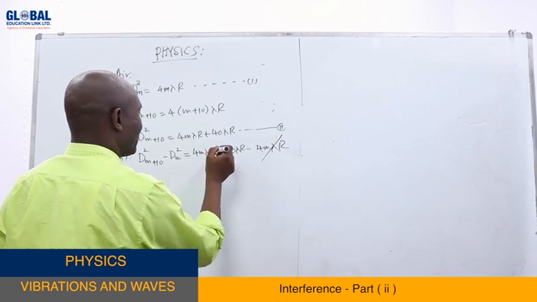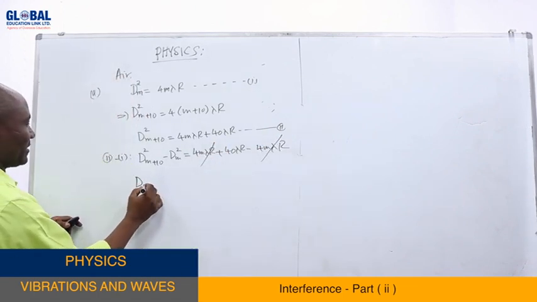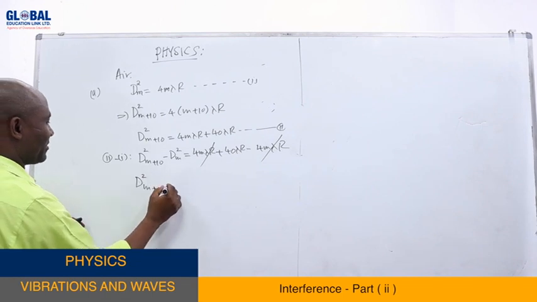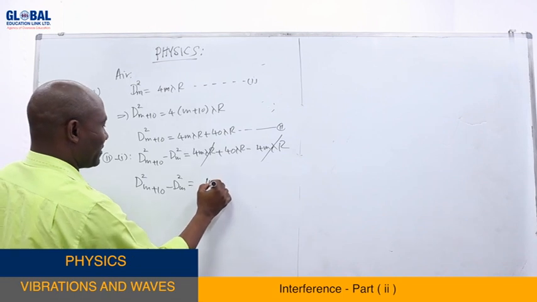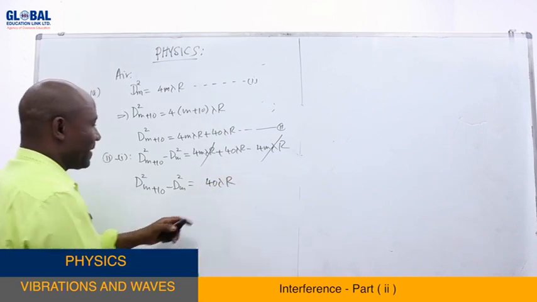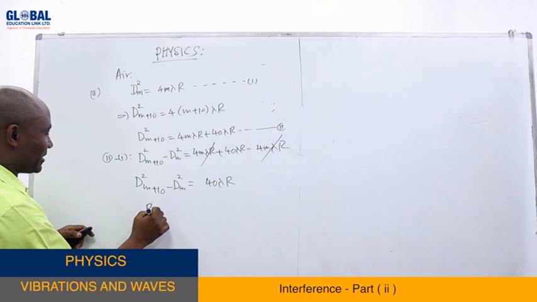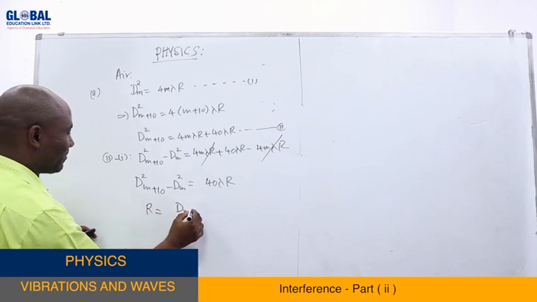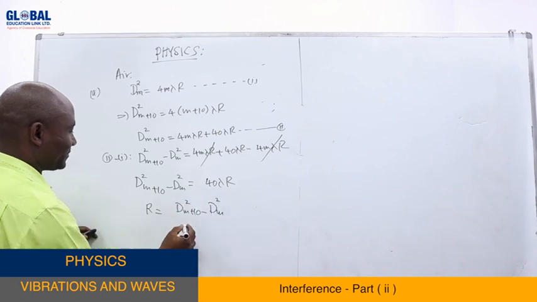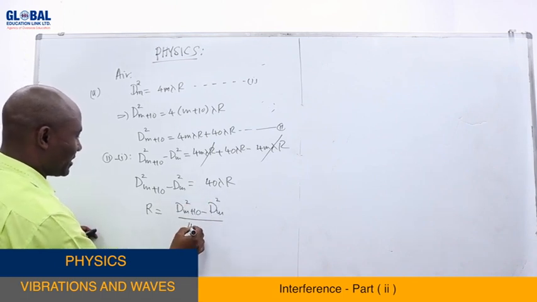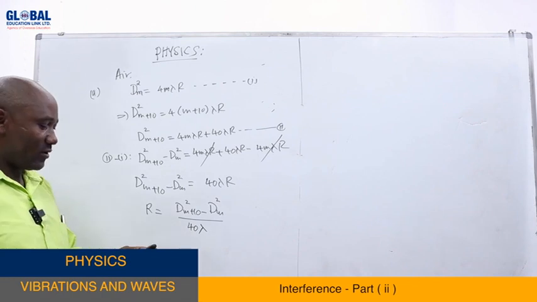This will cancel out, and you're left with D(m+10) squared minus Dm squared equals 40λR. You're supposed to find the radius of curvature R, which is given by D(m+10) squared minus Dm squared divided by 40λ.